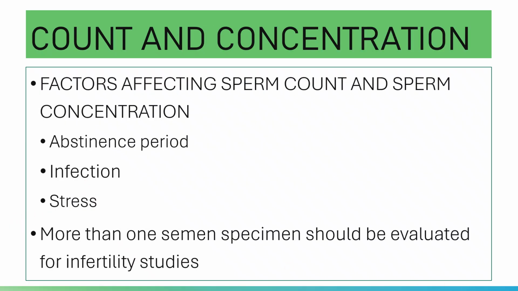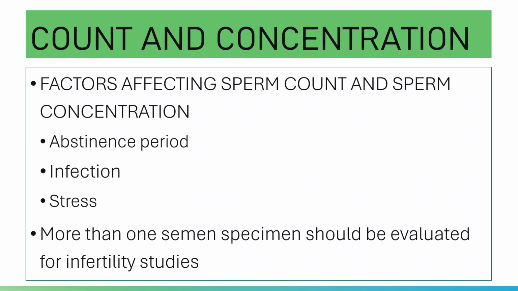So let's take a look at sperm count and sperm concentration. Factors that affect them include the abstinence period. If there is a short abstinence, the quality of the sample and the number of sperm cells are compromised. Infection and stress also affect the sperm count and concentration.